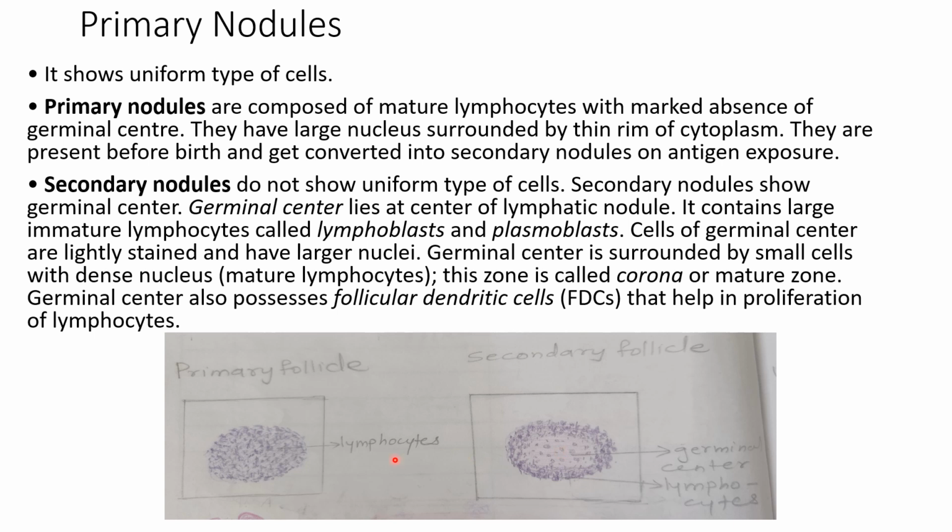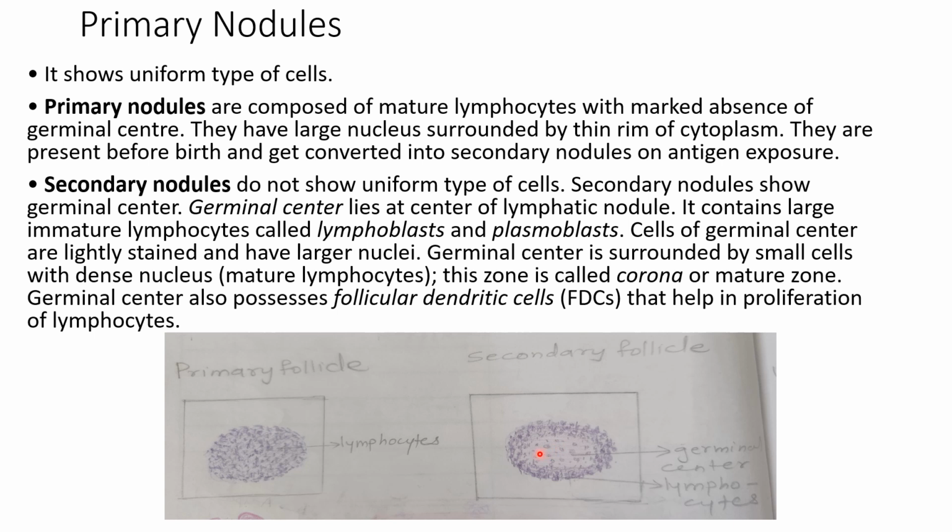The basic difference between primary and secondary follicle is that in the secondary follicle we have germinal center which is absent in the primary follicle. Primary follicle is made up of mature lymphocytes, whereas in the secondary follicle the peripheral zone has mature lymphocyte and in the central part we have the lymphoblast or the plasmablast.